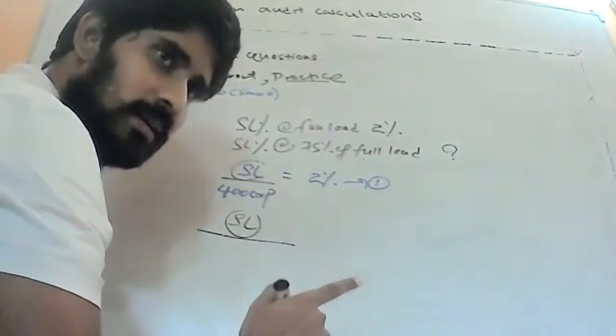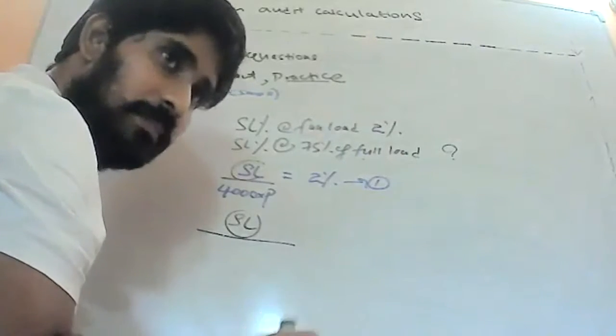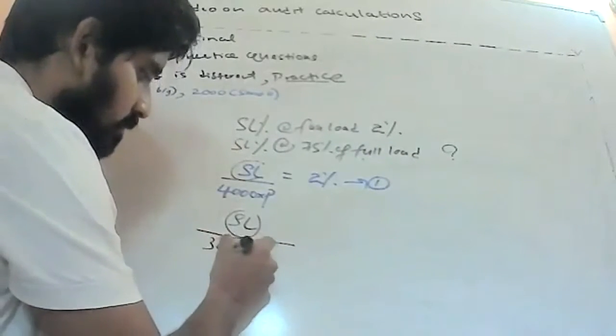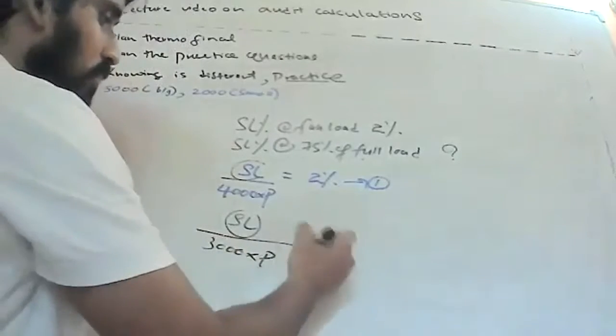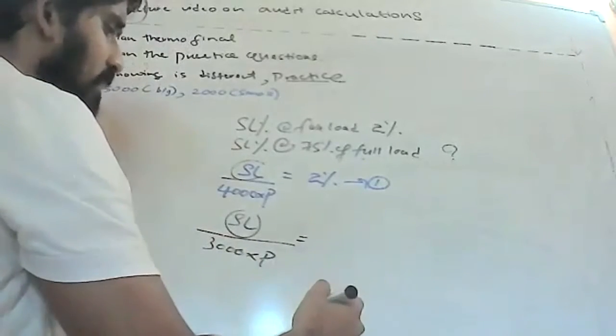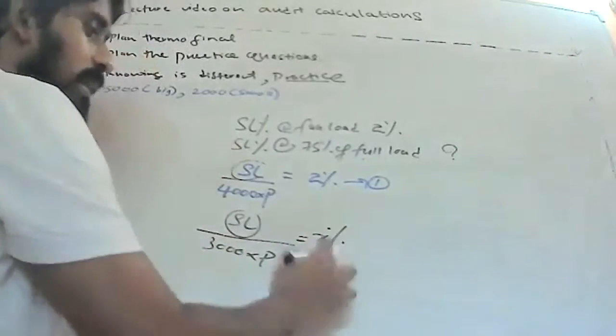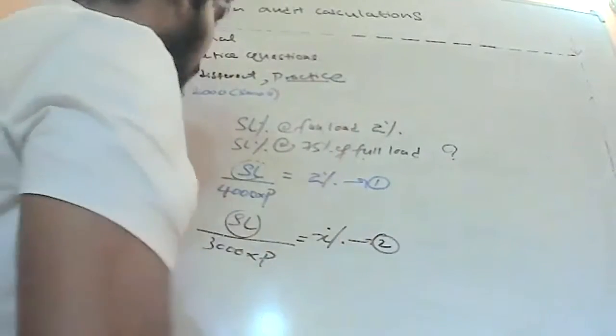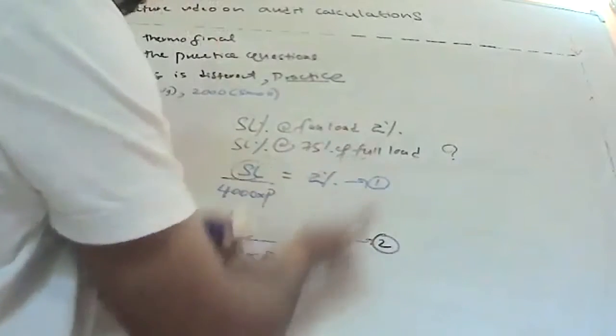Because we calculated that 4,000 multiplied by 75% of it is 3,000. 3,000 multiplied by P. So you don't know that, so let's say X percentage. So equation number 2, very easy equation.